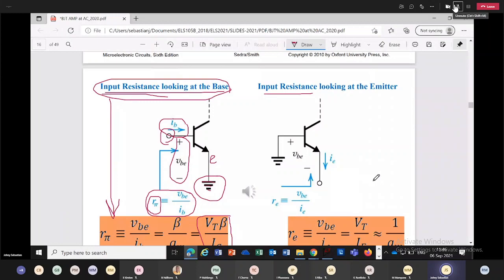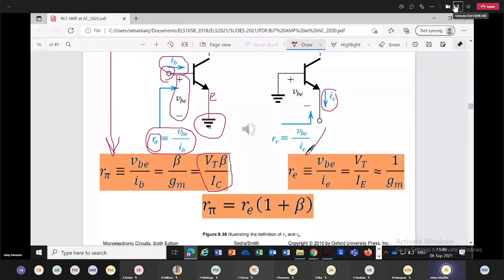Second case, input resistance looking at the emitter. You can see there is a VBE, and there is an emitter small signal current. VBE divided by that current is defined as RE.